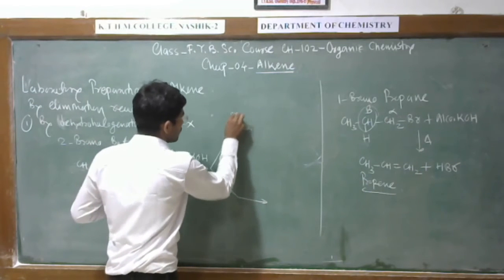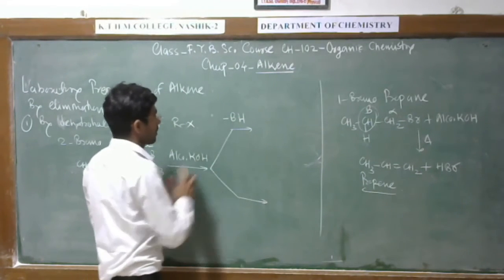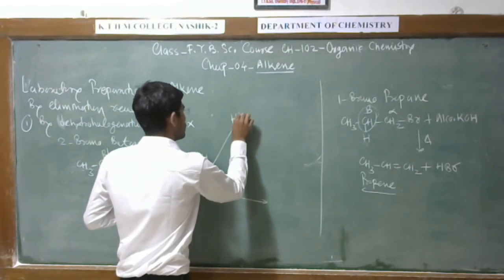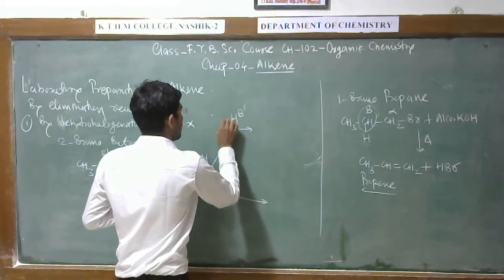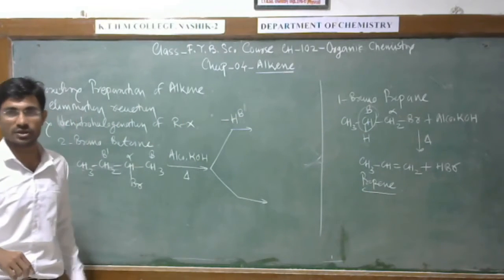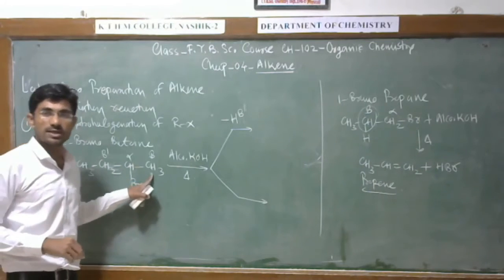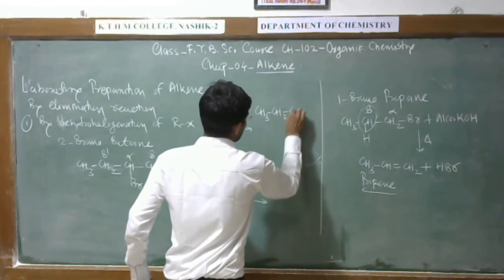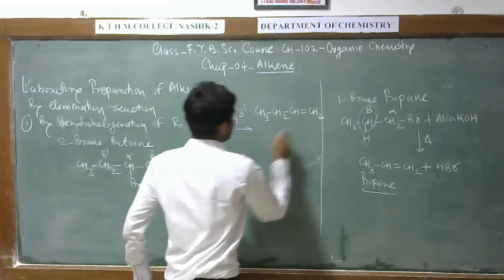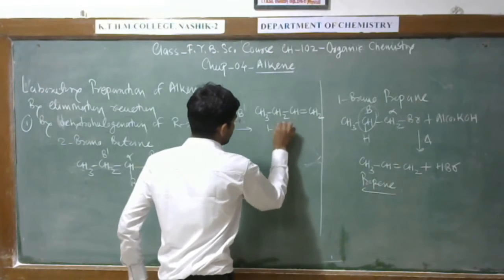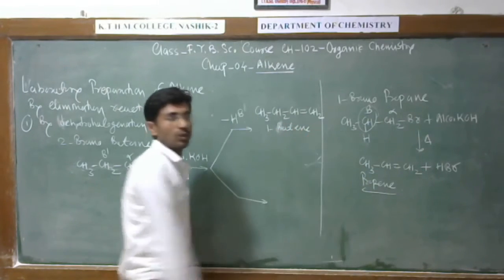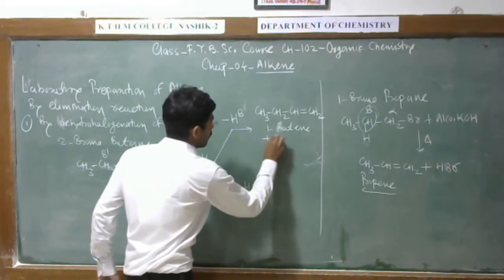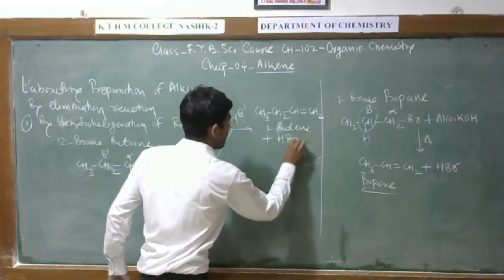Firstly, loss of this Hb hydrogen forms 1-butene, with formation of HBr.